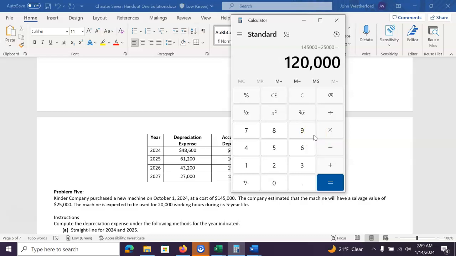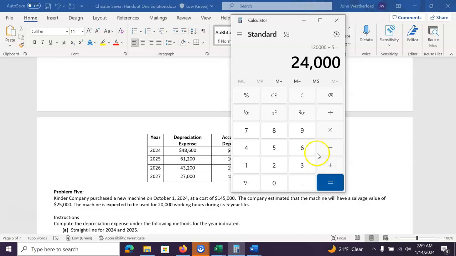So that gets us to our depreciable cost of $120,000. So for a straight line, we'll divide by the useful life in years. So divided by 5. That gives us a full year's depreciation using straight line.